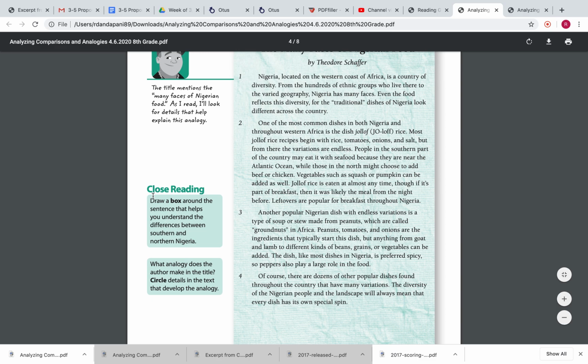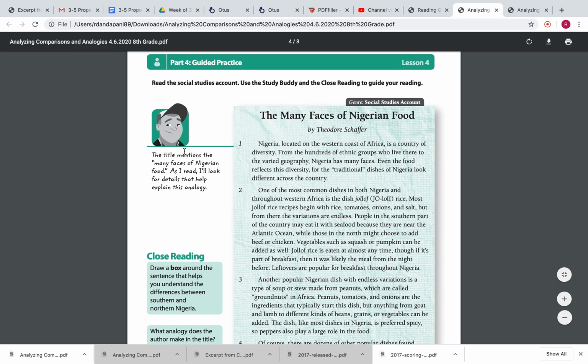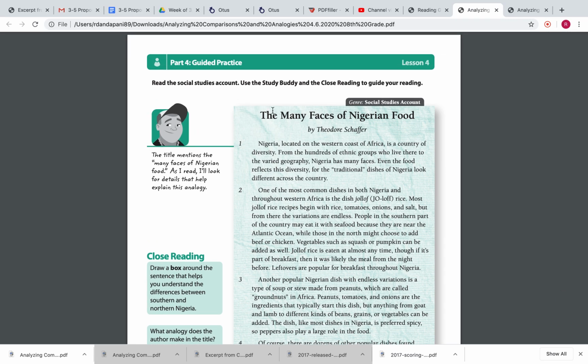and I want you to pay attention to the close reading tips and everything that's written on the side. All right. So this article is about the many faces of Nigerian food. We can see that it's social studies or like a historical account. So you notice how the title mentions the many faces of Nigerian food. So as you read, you want to look for details that help explain that analogy.